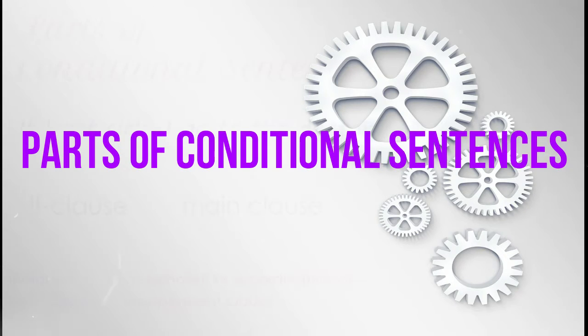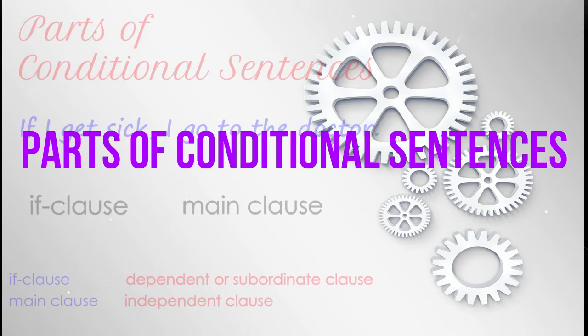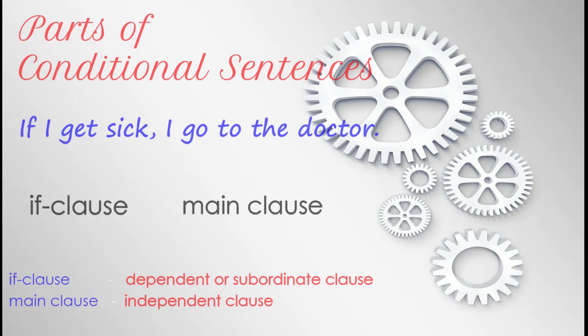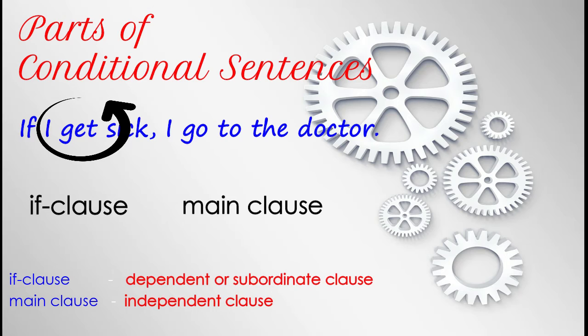Conditional sentences have two parts. The parts are the if clause and the main clause. It is called the if clause because the clause starts with the word if. The if clause has a subject and a verb, but it doesn't make sense. It has no meaning.